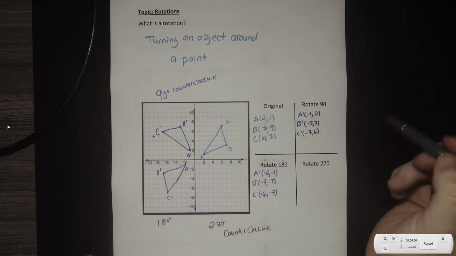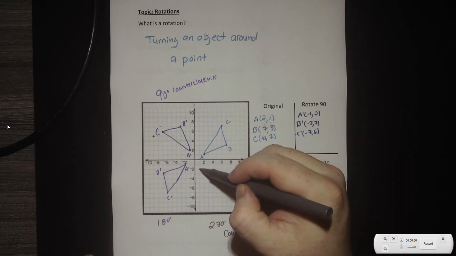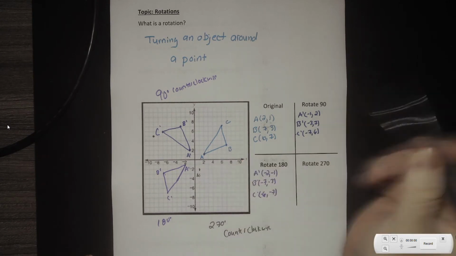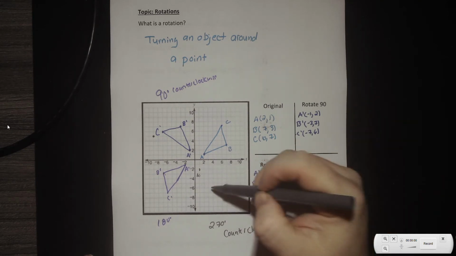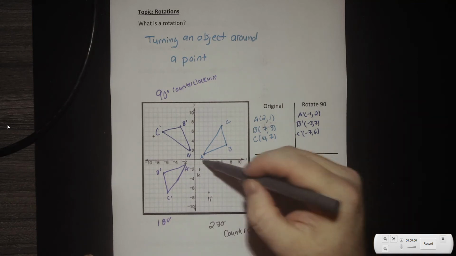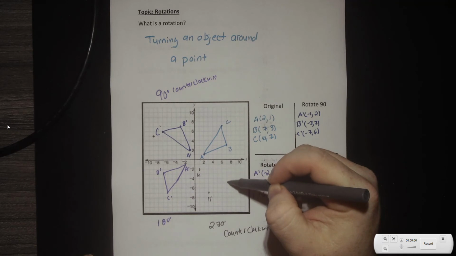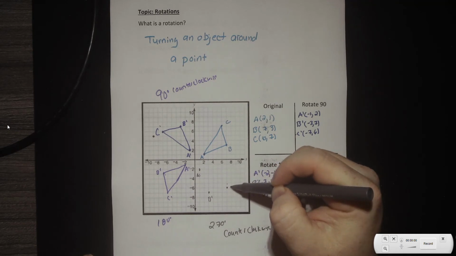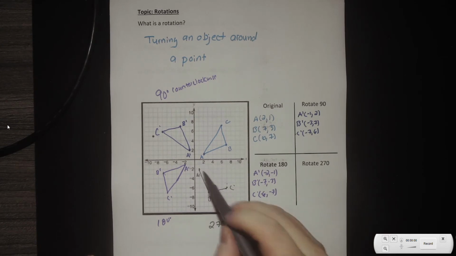So let's see. I would get (1, -2), and (3, -7), and then (7, -6).